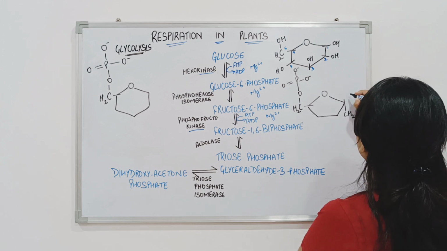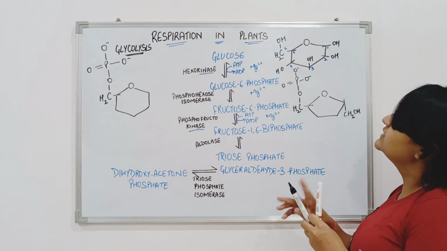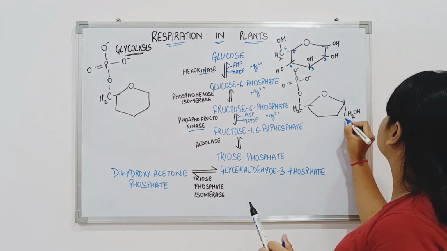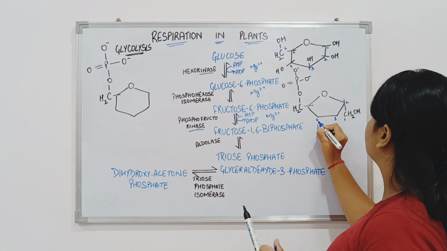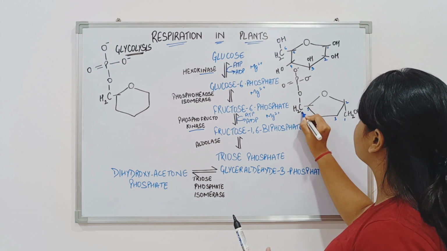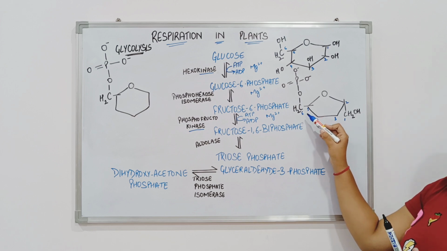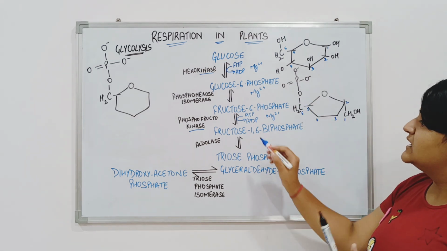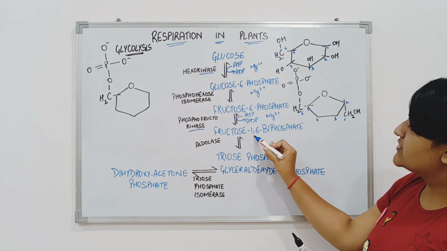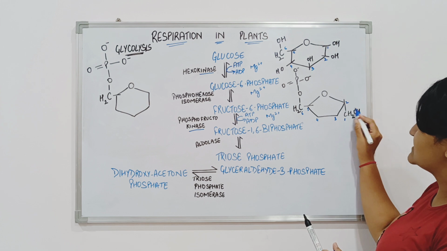Okay. So this is CH2OH. Now you count. This is the first carbon, second, third, fourth, fifth, and this is the sixth. The sixth carbon already has this phosphate group. Now the first carbon will also have this phosphate.